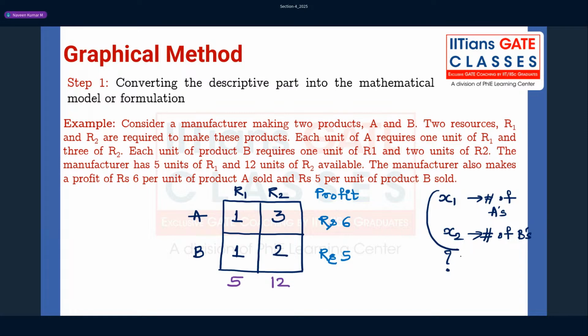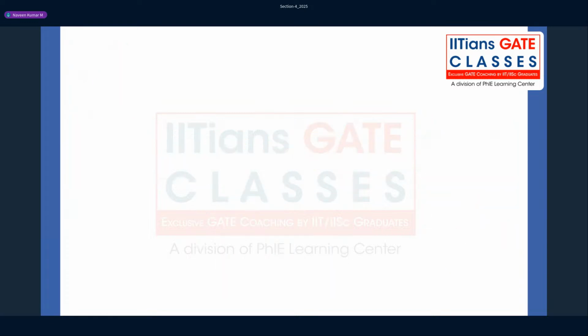Now these two, X1 and X2, have a name, and that is decision variables. Well, let's go to the next slide and make it more clear. So X1 and X2 are decision variables because you are deciding these based on the given profit and given constraints, right? Decision variables.